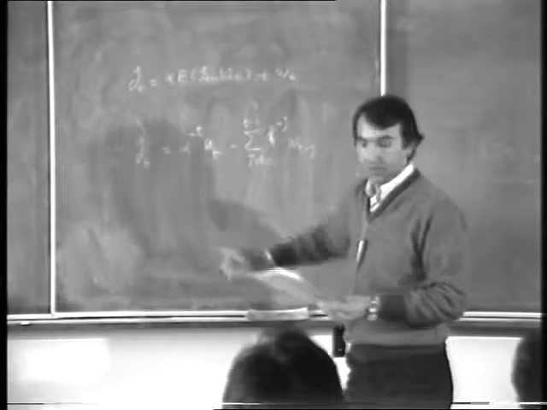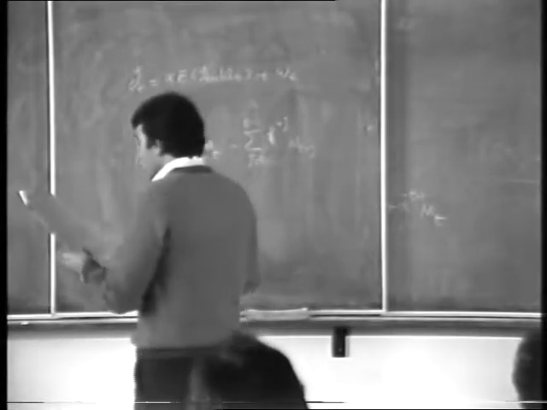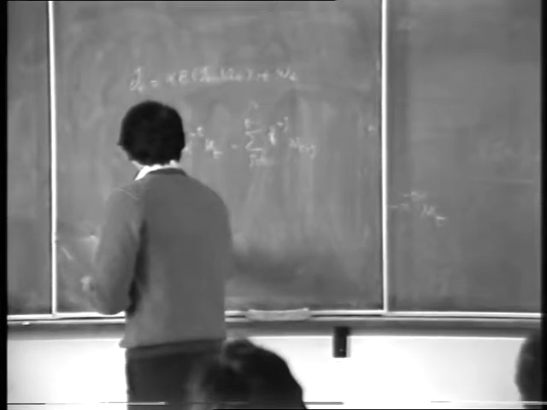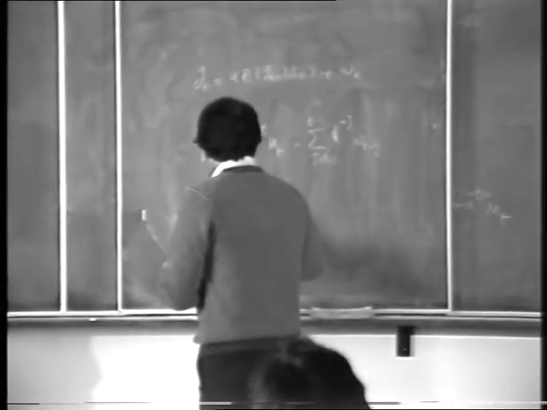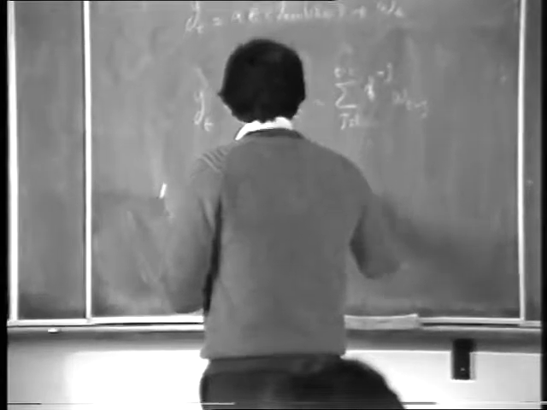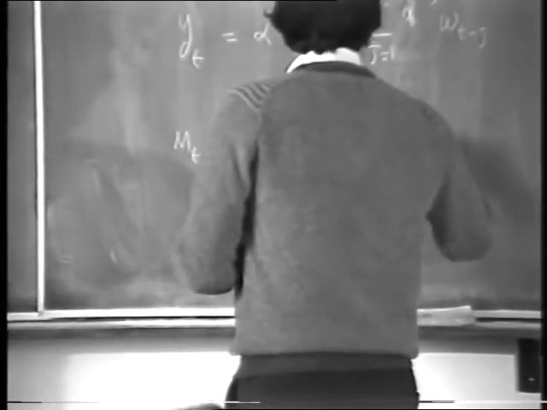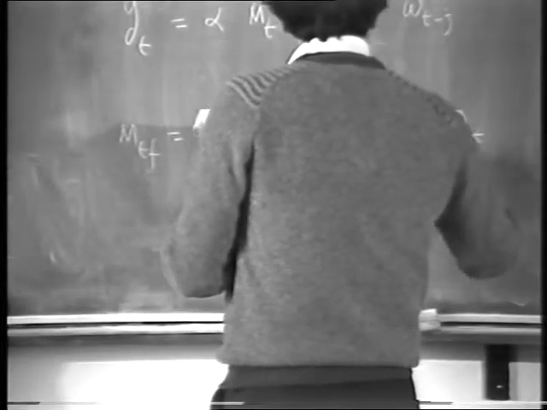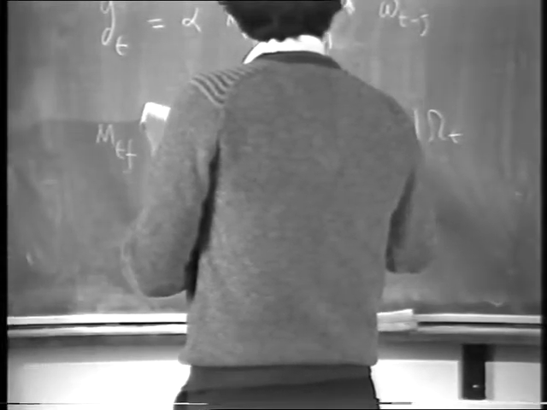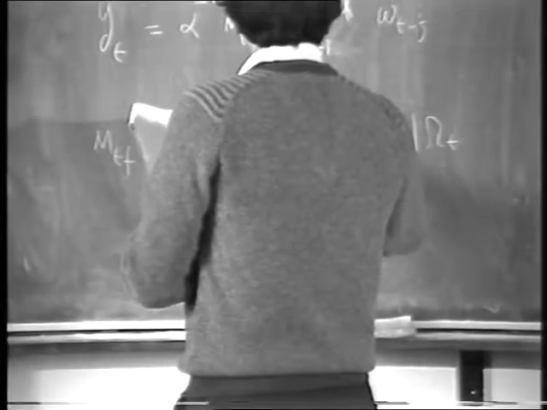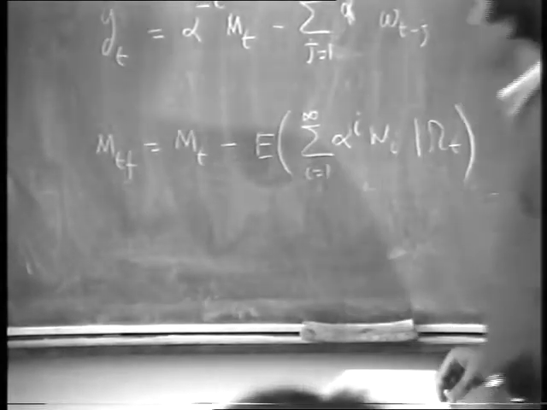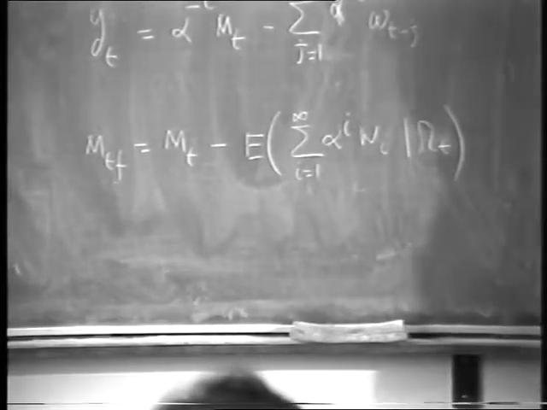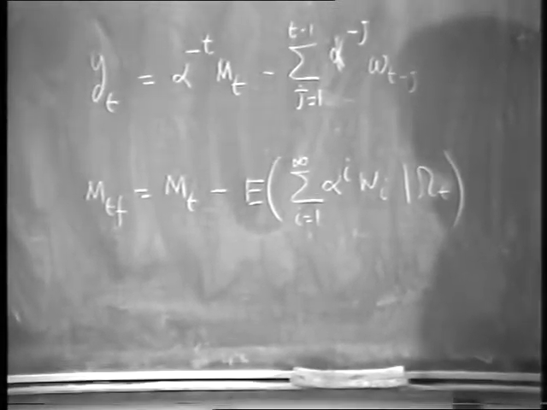which is the same as the type of solution we would arrive at if we had dropped the transversality condition, is to say that if M_t is a martingale, so is M_t^F, defined as M_t minus the expected value of the sum of alpha^i W_i, conditional on omega_t, i from 1 to infinity. To demonstrate that this is a martingale is very straightforward.